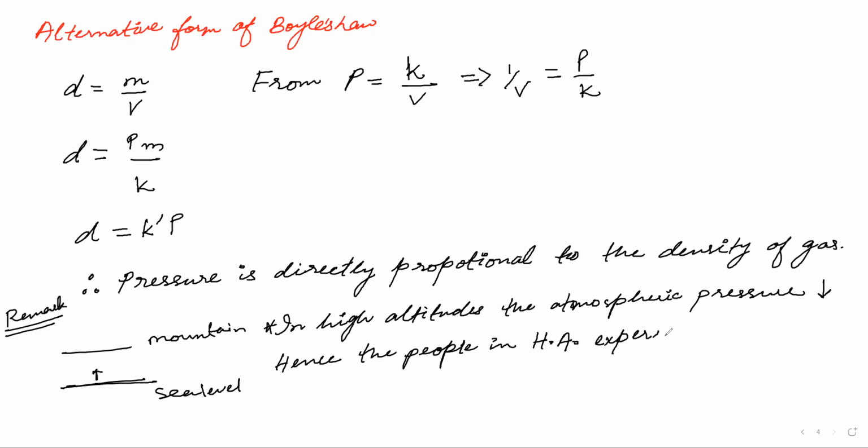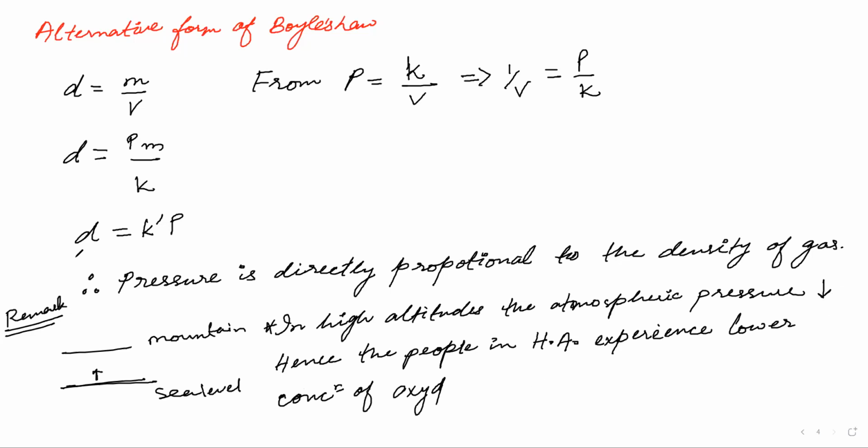People at high altitude experience a lower concentration of oxygen in blood. Now, why is that?